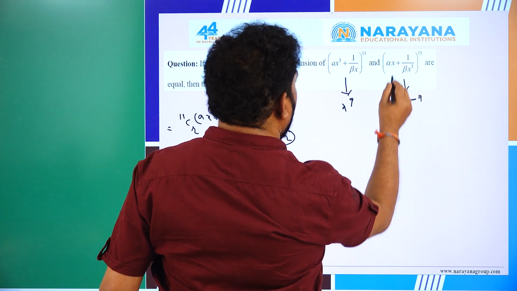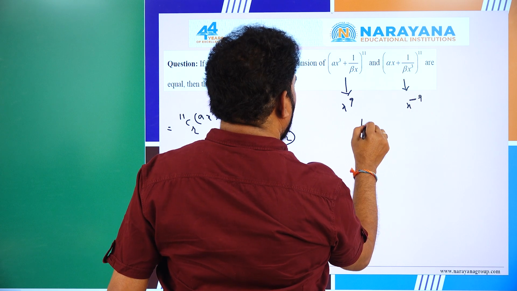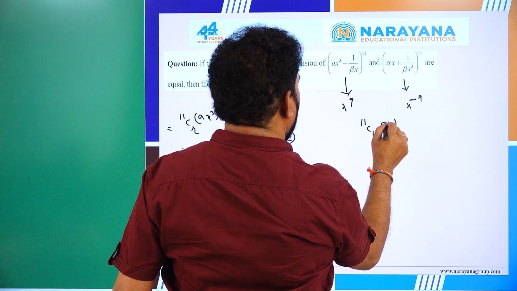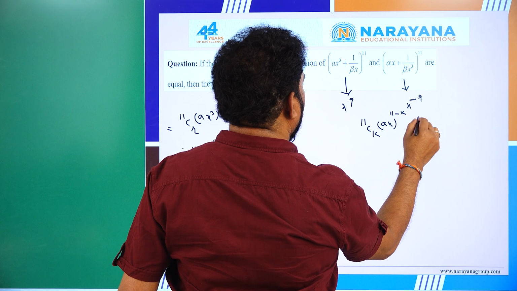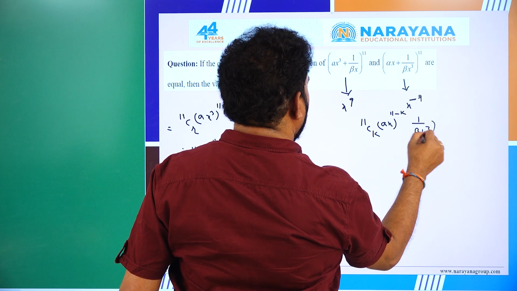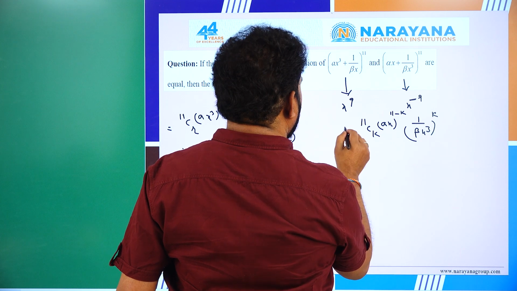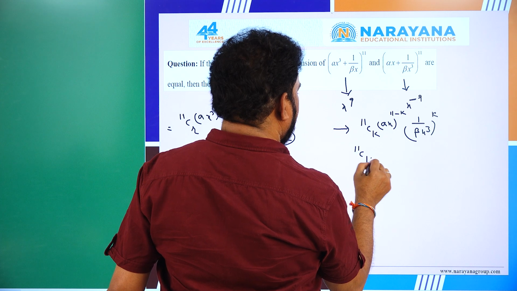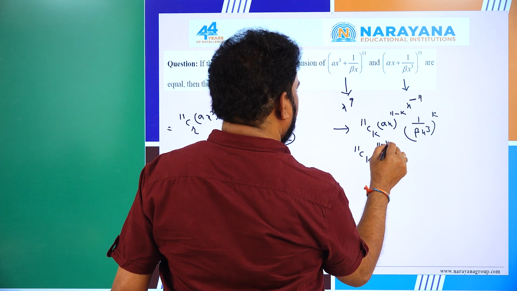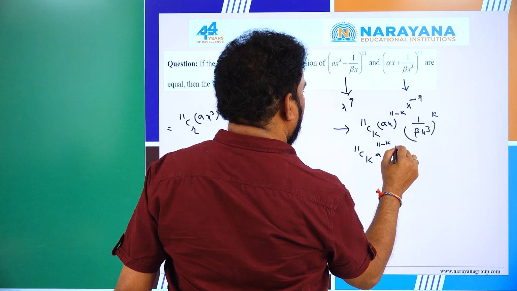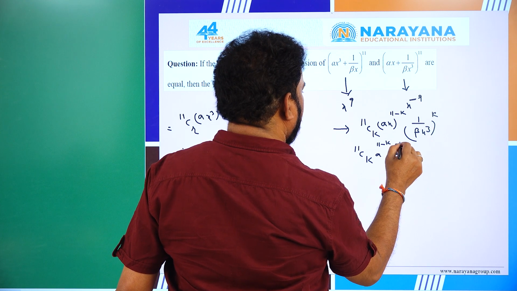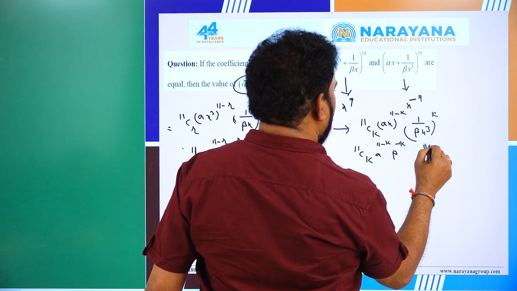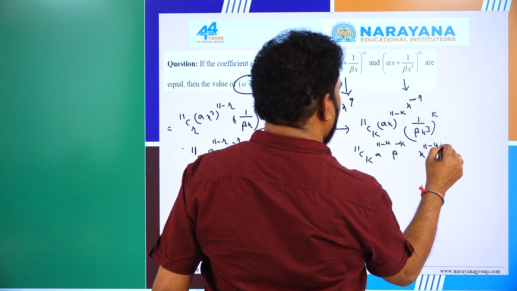Next, for the x power minus 9 coefficient, take the other expansion: 11Ck (a x) whole power 11 minus k into (1 by beta x cube) whole power k. We have to find the x power minus 9. Simplify: 11Ck a power 11 minus k, beta power minus k, and x power 11 minus 4k.